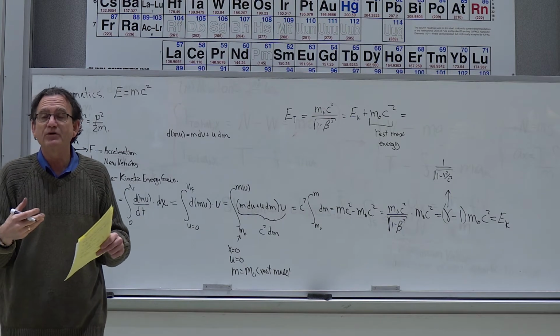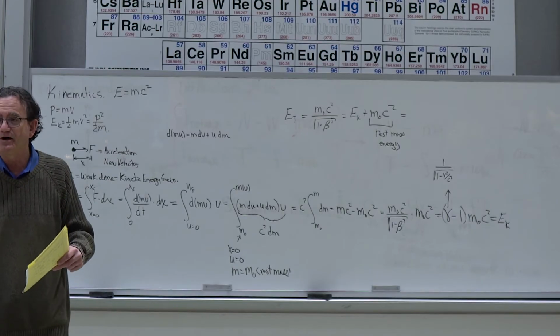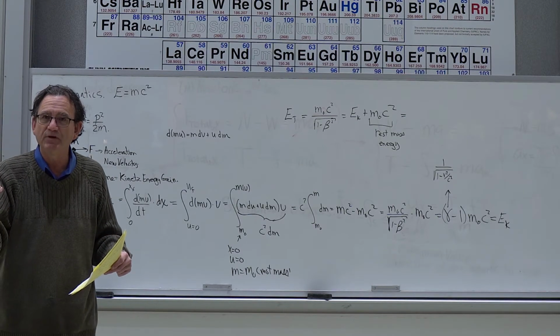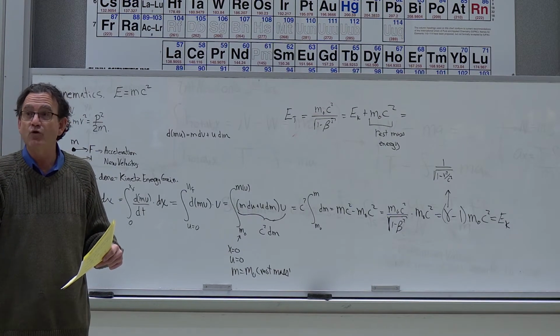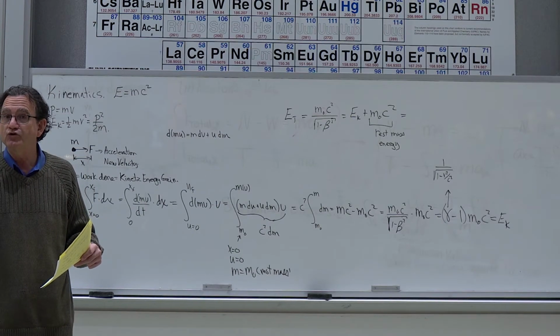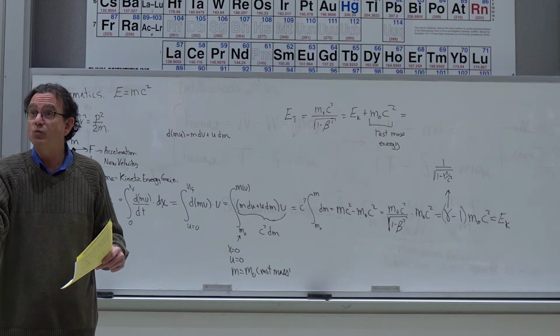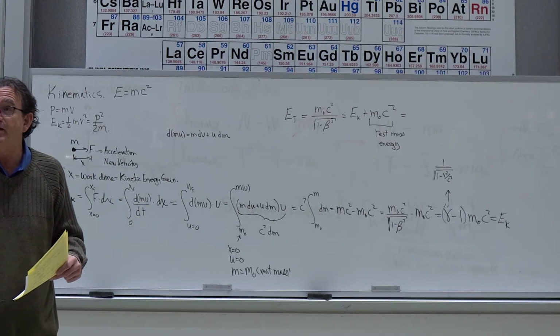For example, if somebody wants to make an atomic bomb from uranium or plutonium, they are going to take a certain block of uranium and make a reaction in which there is 1 less gram of uranium after the reaction.